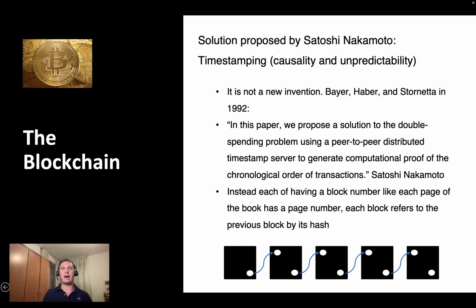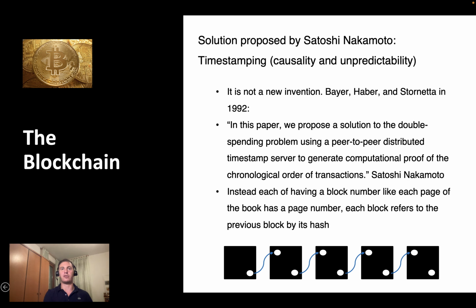In fact, Bayer, Haber, and Stornetta in 1992 wrote: to establish that a document was created after a given moment in time, it is necessary to report events that could not have been predicted before they happened.